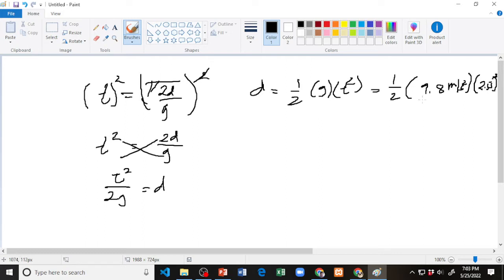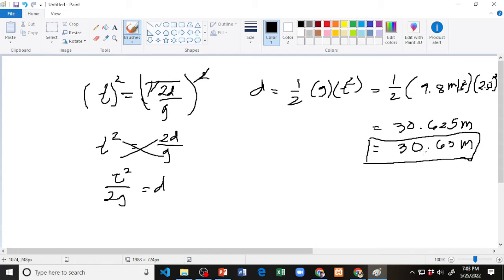All right. So that's 30.625 meters. So 30.63 meters, two decimal places. Okay. All right. So that's one solution, and we're gonna go with the next one.